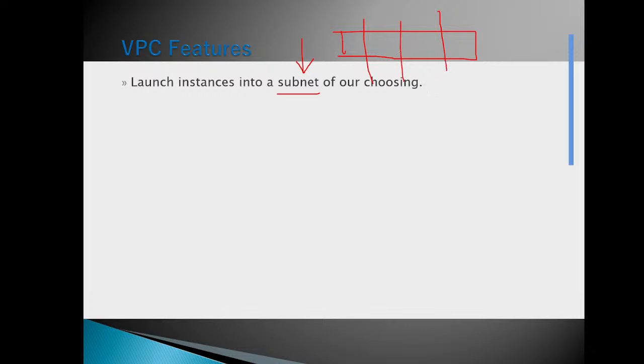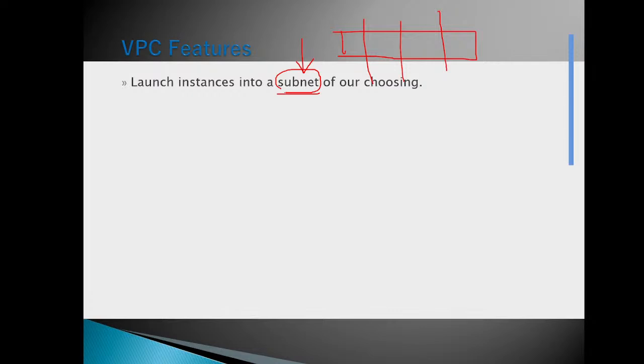If I divide that network into small chunks, it is called a subnetwork, again a word called subnet. So I can segregate, or separate out, my network into small categories, small groups. That is called subnet. Why do we segregate into small groups? We'll learn about that further on.